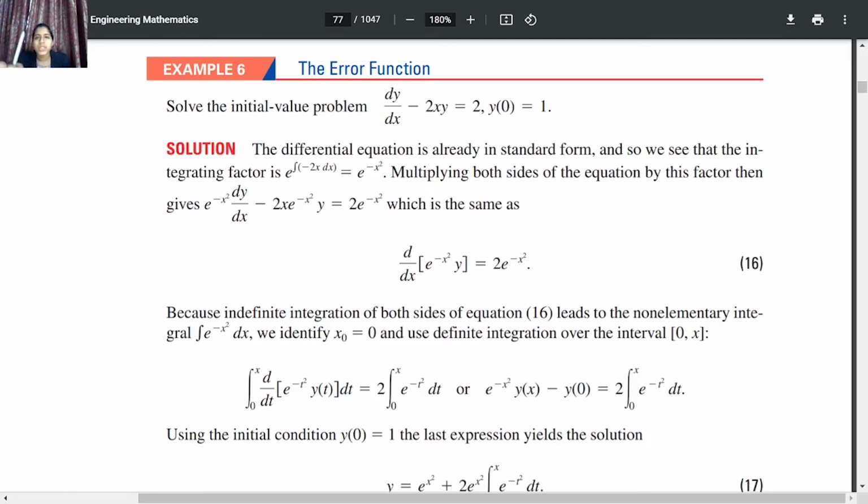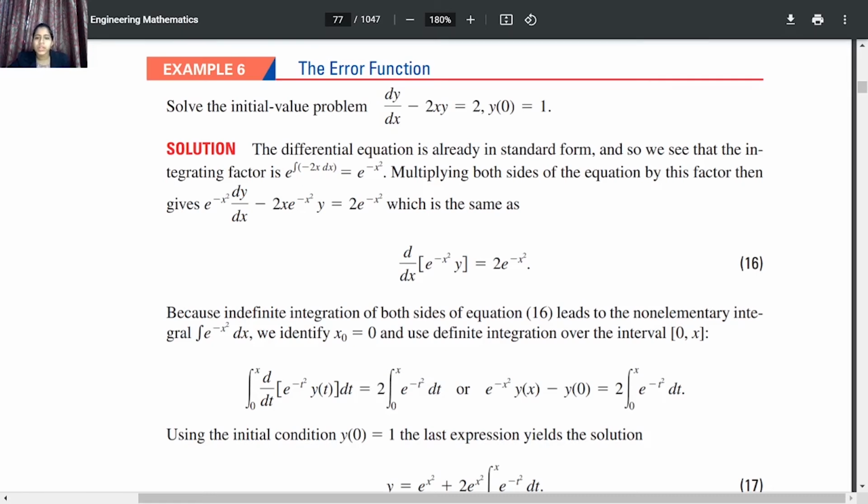Okay, so e raised to minus x square dx does not have a standard integral value, we cannot find it easily. So what we consider is 2 into integral 0 to x e raised to minus t square dt.